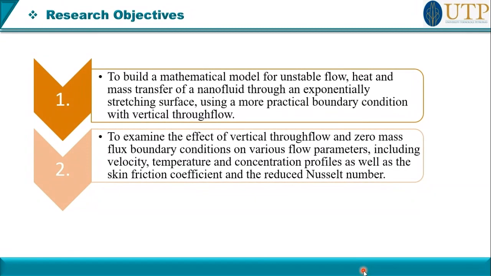Number two, to investigate the impact of vertical through flow and zero mass flux boundary condition on flow parameters such as velocity, temperature, and concentration profiles, as well as the skin friction coefficient and reduced Nusselt number.